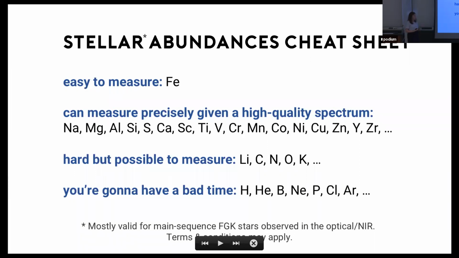It's worth pointing out that the ease of measuring something in a star is not necessarily related to how common that element is throughout the universe. There are things that we know are universally everywhere, like lithium and carbon, that are pretty hard to measure in stars.